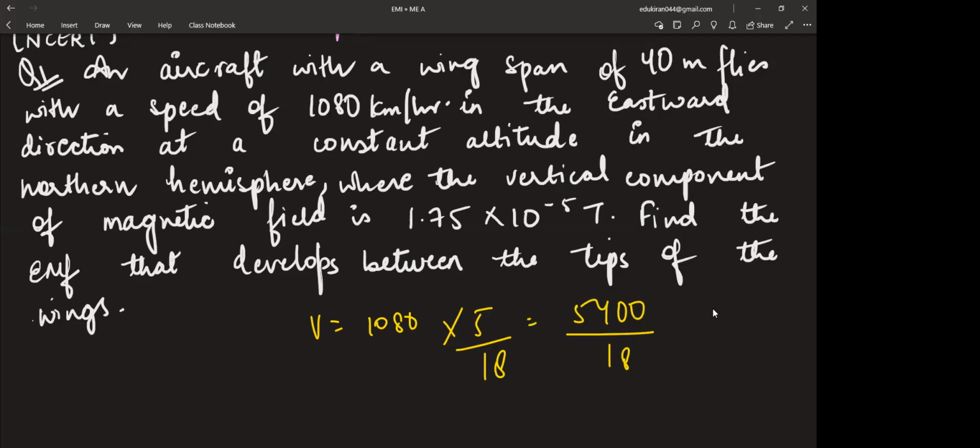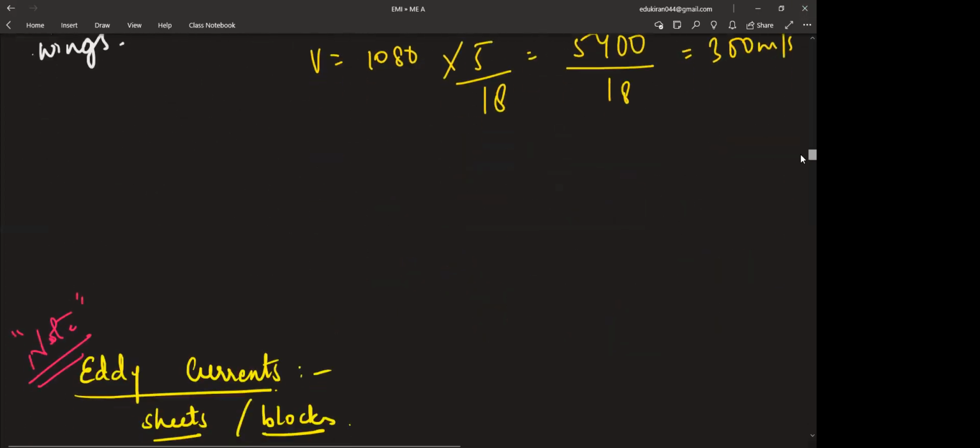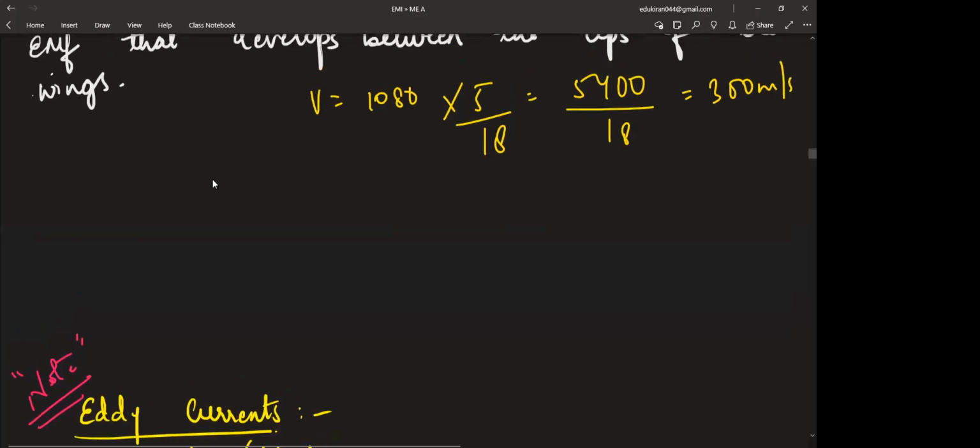So 300 meter per second. Now length is given as 40 meters. Magnetic field is given as 1.75 into 10 to the power minus 5. Sufyan, your answer is correct. Very good.